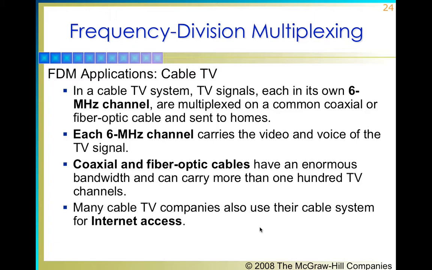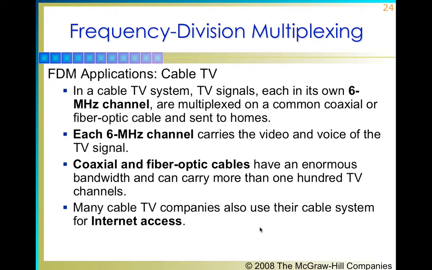Then we have a video signal which is about 6 megahertz wide, and this is cable TV, which is another application of the FDM system, where we use coaxial cable and fiber optics to send the video signal, which is 6 megahertz wide, and it carries the information of the video as well as the voice of the video signal.